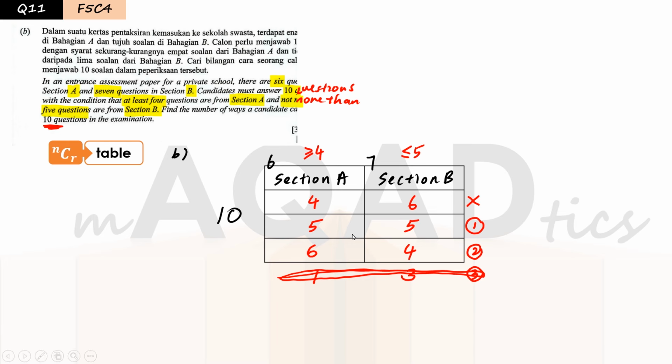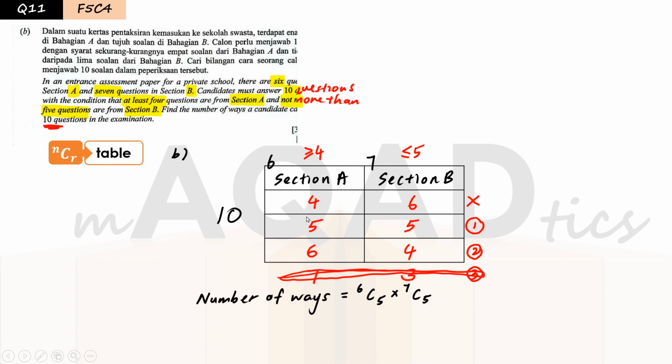Now we have found all the possibilities, so let's find the number of ways. For the first possibility, from 6 questions, I choose 5 of them, so it's 6C5. And from 7 questions in section B, I choose 5 of them, so multiply 7C5.